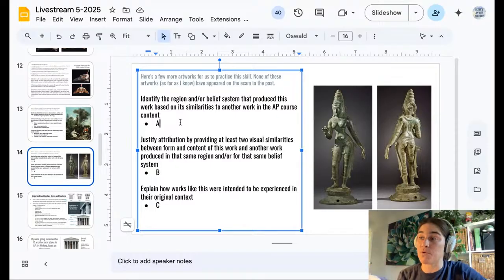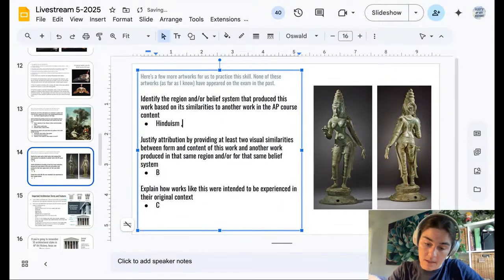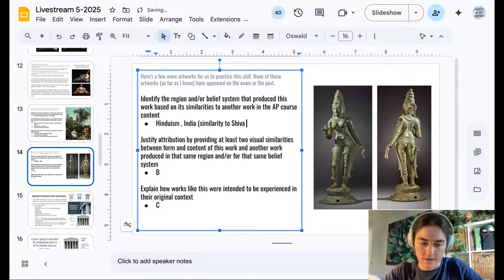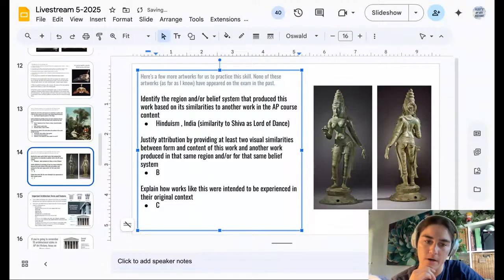And that artwork was created by somebody who believed in Hinduism, right? So we're going to say Hinduism and India, right? So we have this similarity to Shiva as Lord of Dance. I love that piece. I'm waiting for it to appear on an exam one day because I really like it.